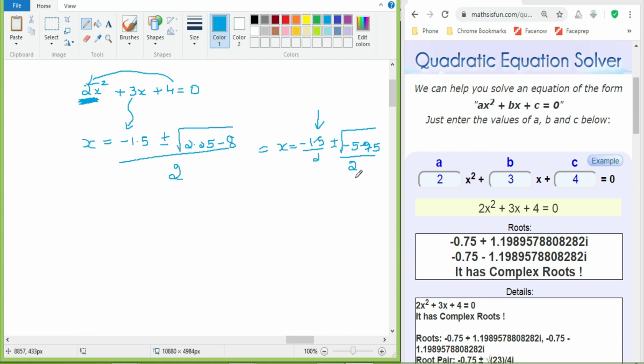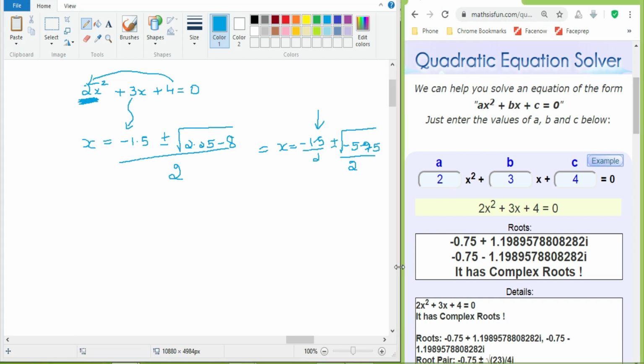So minus 5.75 divided by 4, that is approximately 1 point something. So the square root of that is 1.19, whichever they have given there. Look over here, they're talking about the root pairs: minus 0.75 plus or minus root of 23 by 4.